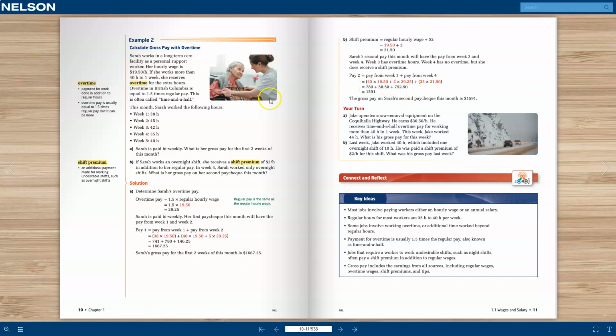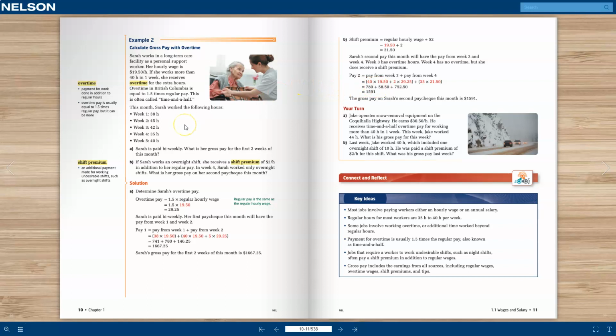Week 3: the first 40 hours is at 19.50, so that's 40 times 19.50, plus the 2 extra hours, so 2 times 29.25 for the overtime pay. Plus, now let's look at week 4, which is 35 hours, and she's getting 21.50 because it's the 19.50 plus the $2 of shift premium. Then you get your total once you add the numbers together, $1,591 on our second paycheck. Okay, hopefully that makes sense.